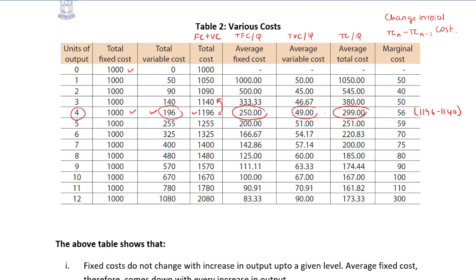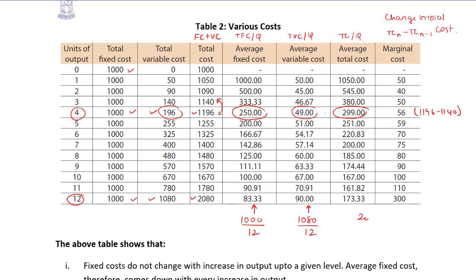Just see one more instance at the 12th unit: 1000 plus 1080, 2080. Average fixed cost is 1000 divided by 12. Average variable cost is total variable cost divided by 12. What is total variable cost? 1080 divided by 12, you get 90.